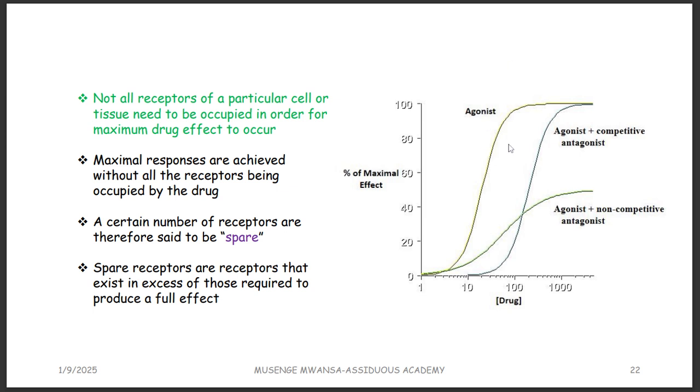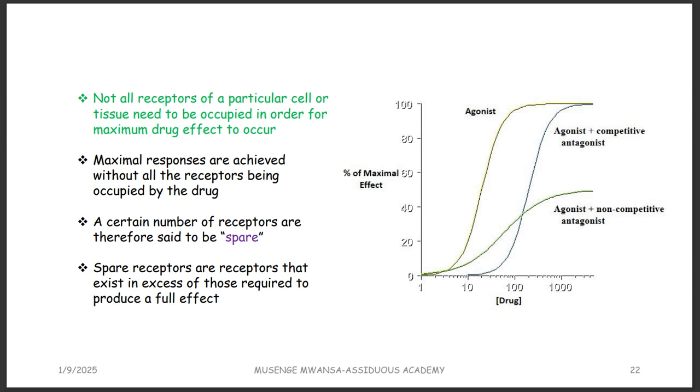Okay, so normally what happens is that an agonist is producing this effect, you can see. And the maximum effect which is produced by a drug, we call that efficacy. Now when you add a competitive antagonist to the body, what will happen to the function of the agonist?